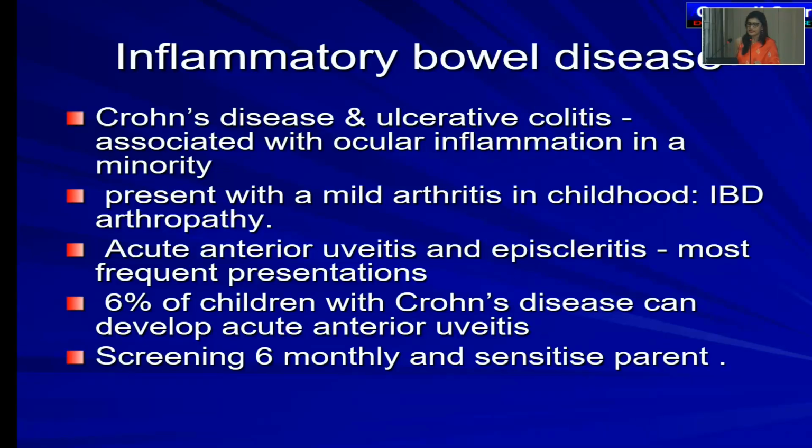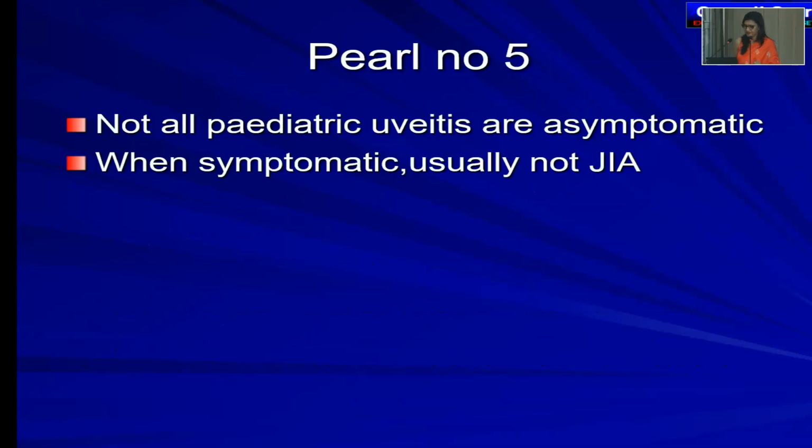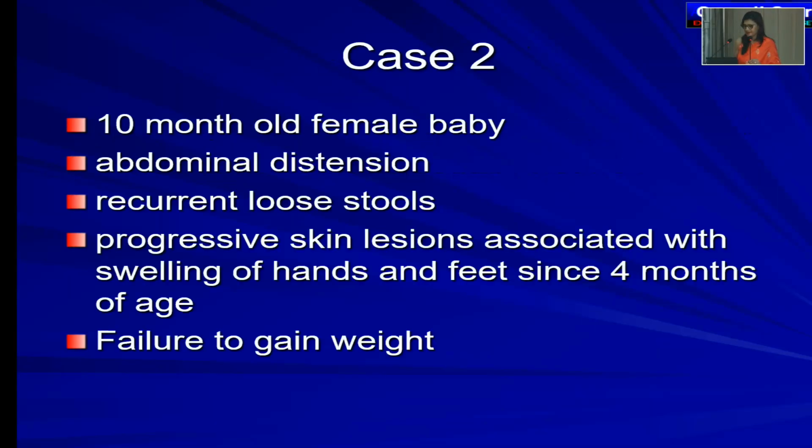So you have to sensitize parents with IBD and Crohn's disease that when there is a redness, they need to show the eye specialist as early as possible. So not all pediatric uveitis are asymptomatic, and when it is symptomatic, it is not usually JIA.